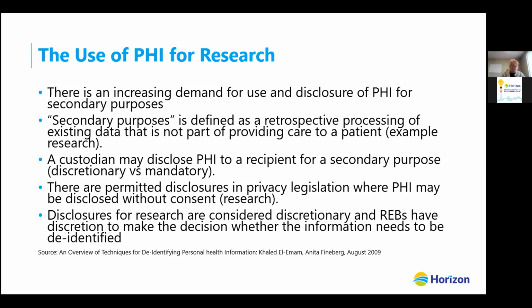So disclosures for research are considered discretionary, and REBs have the discretion to make the decision whether the information needs to be de-identified or not. An example of a mandatory disclosure would be a communicable disease. That would be a mandatory reporting, a mandatory disclosure.